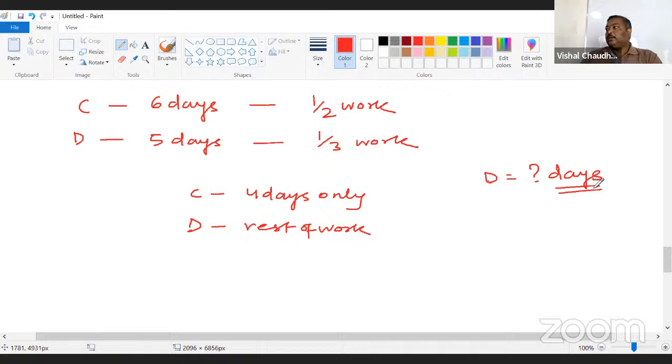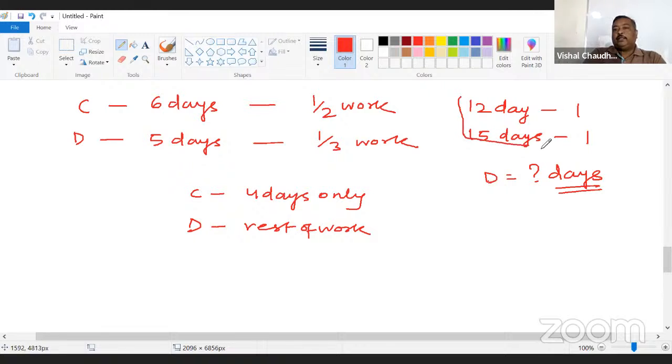Okay. Now, C, please. Thank you, Chetan, for answering. He is taking 6 days to complete half of the work. So that means 12 days to complete one work, and D is taking 15 days to complete one work, because for 1/3, the 3 will go here.